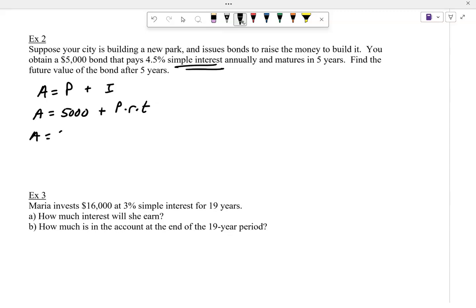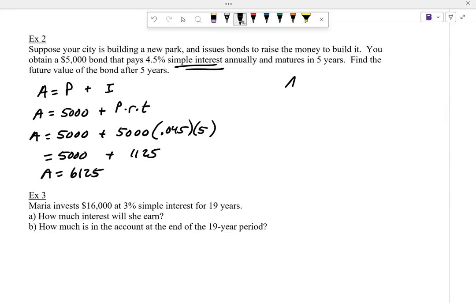So we're ending up with 5,000 plus what's the interest? Well, it's 5,000 at 4.5% for 5 years. So this ends up being 5,000 plus 1125, so we end up with 6125. And you can also plug it into this formula if you want to.